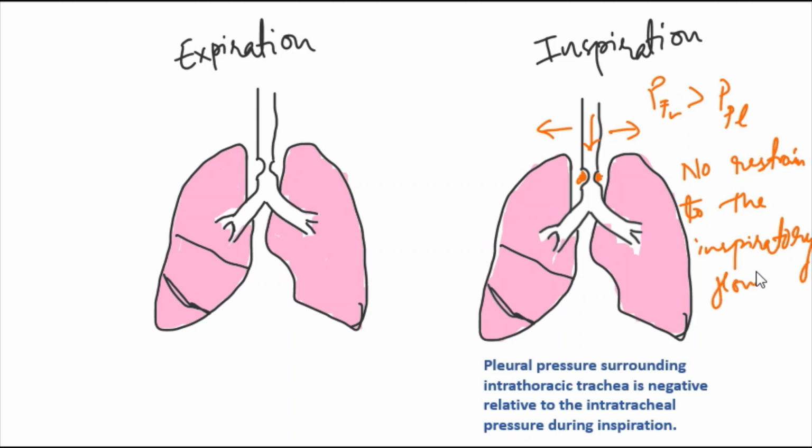But during expiration, the pleural pressure is positive relative to the intratracheal pressure. During expiration, pleural pressure is more than pressure in the trachea, so there is a push inside.